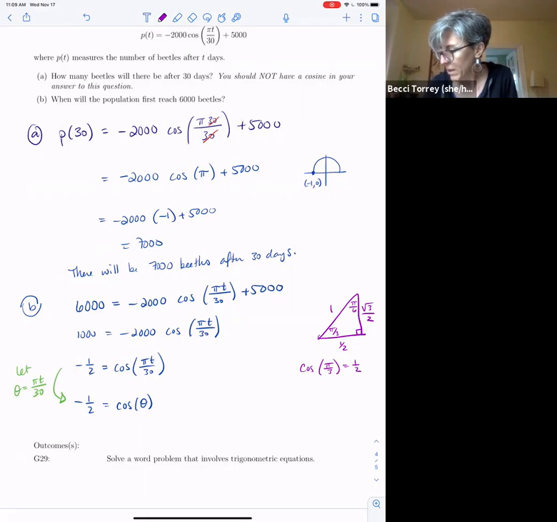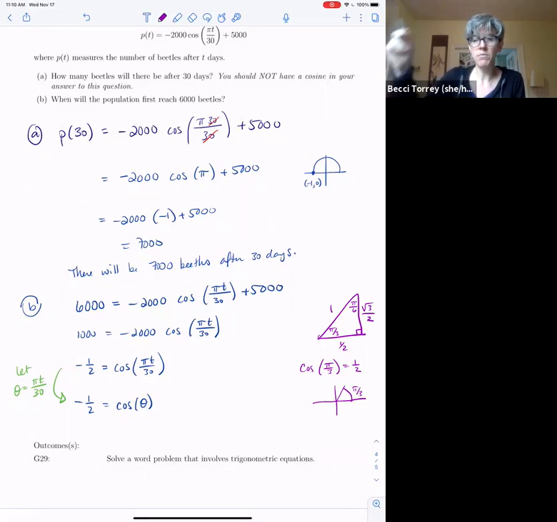And then if we think about our unit circle, pi/3, we get up here, right? It gives me +1/2, but I want my cosine to be negative. So as I'm traveling around on my unit circle, the first time I hit +1/2 is at pi/3.